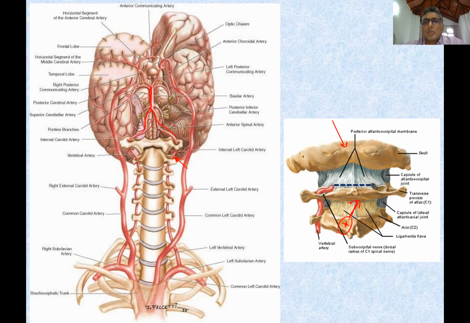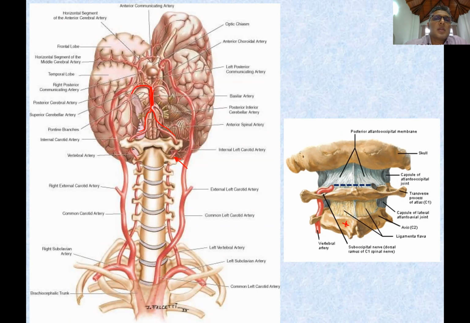Posterior arch of the atlas, you know that. This is the posterior atlanto-occipital membrane between the posterior arch of the atlas and the border of the foramen magnum. So this is the vertebral artery passing into the cranial cavity through that. So then it forms the basilar artery, as you can see here.